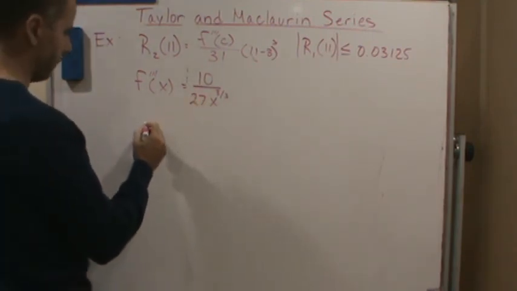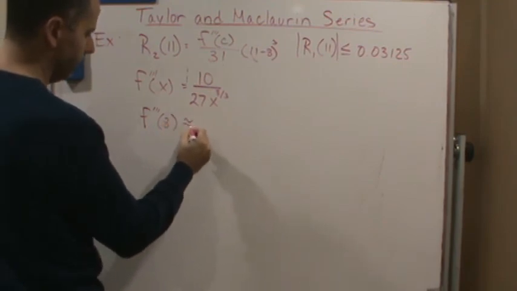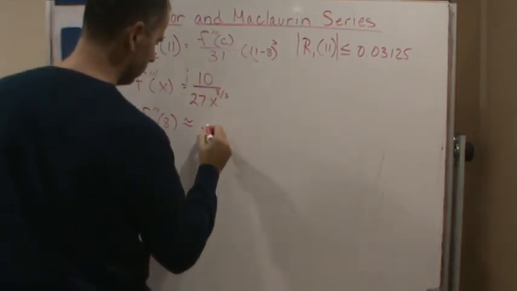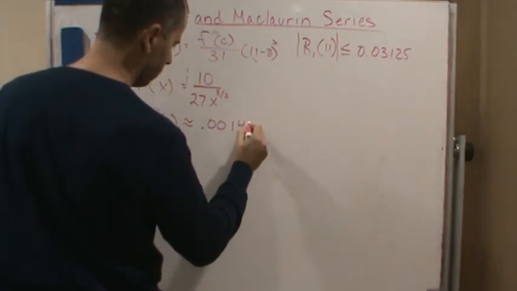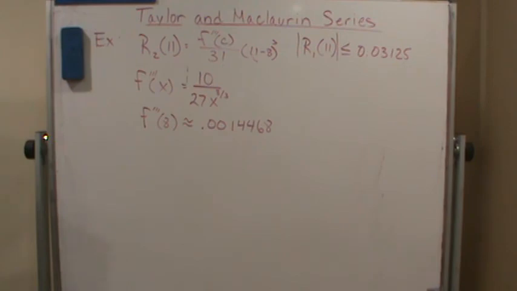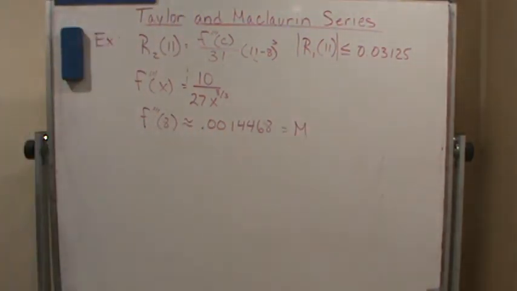So f triple prime of 8 is then going to be approximately equal to 0.0014468. So this is our m value, that's our upper bound. Now we can calculate R sub 2.